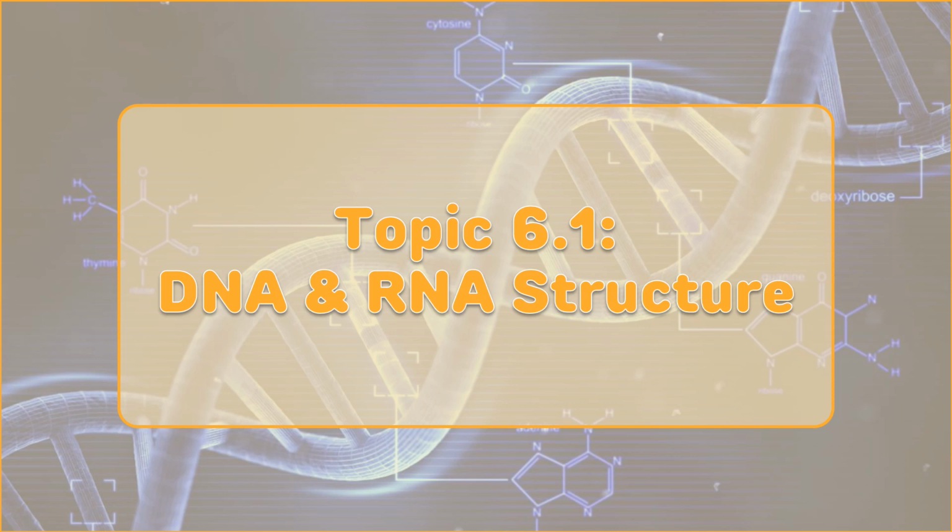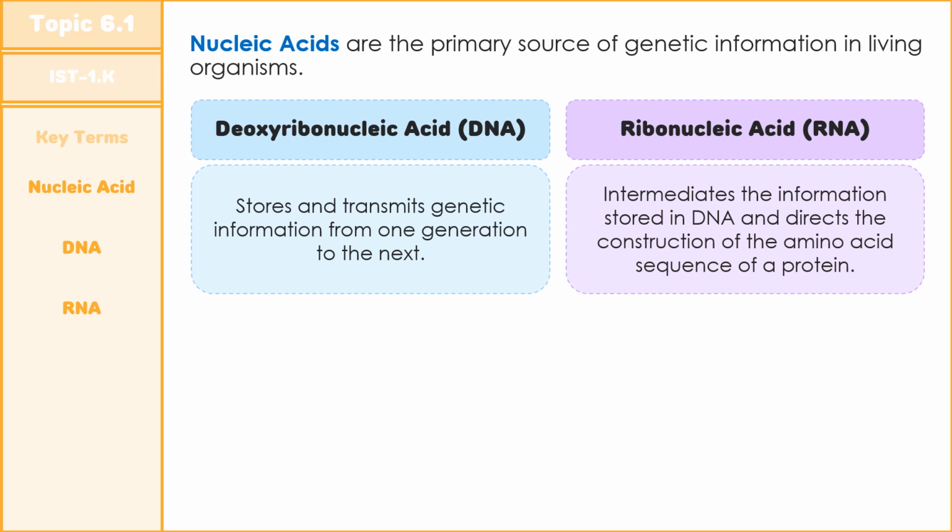So, just to start back with a little bit of a similar slide to one that I included in that Unit 1 presentation, we should recognize that our nucleic acids, being one of our major biological molecules, act as our primary source of genetic information when we think about living things.